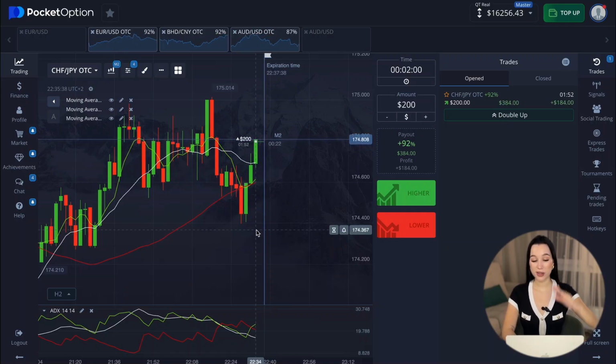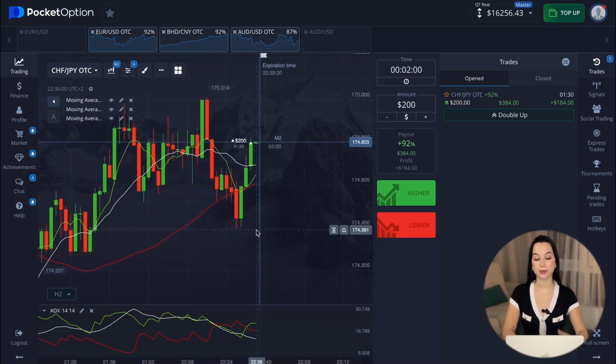Here our chart almost achieved the resistance level. You can see it's really close, but still we have this distance to the resistance level, so in 2 minutes it will grow. Actually the situation is the same, although the moving average indicator is not showing us a really big upward movement.